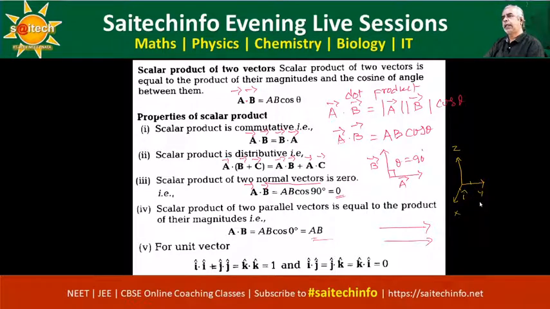Along the y-axis, the unit vector is represented as j cap. Along the z direction, the unit vector is represented as k cap. Okay, all in small letters.